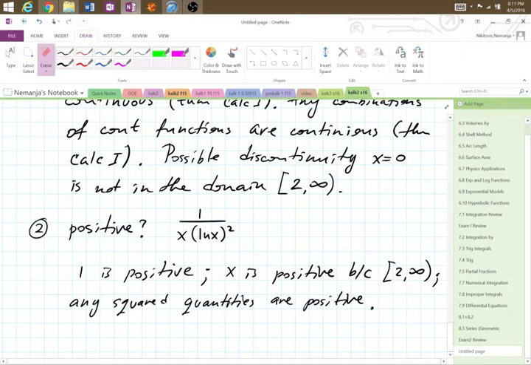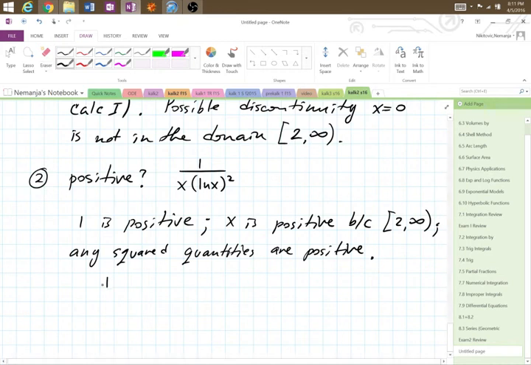Let's write it like this: positive divided by positive times positive has to be positive, right? So visually you can inspect that number 1 is always positive, so you put a plus sign over there. And then x is always positive because the only values you are allowed to plug in are positive numbers. And then the ln part is always positive because of the square. And voila, you have it. So positive, yes.